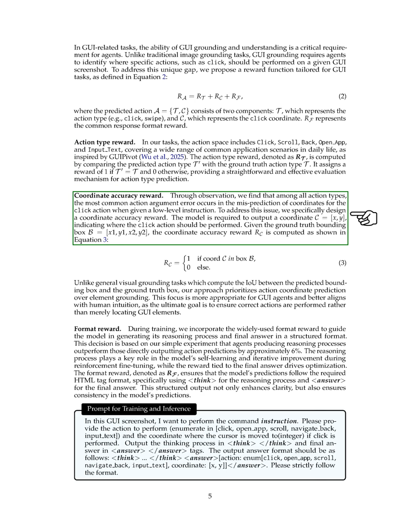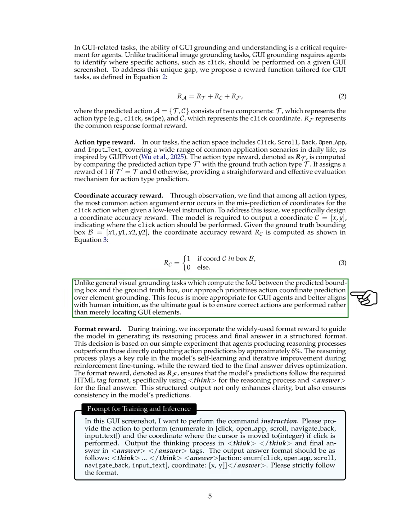We have observed that the most frequent errors occur in predicting coordinates for click actions. To tackle this, we designed a coordinate accuracy reward, where the model outputs coordinates indicating where to click. This reward is calculated based on the predicted coordinates and the actual bounding box. Unlike typical visual grounding tasks, our method emphasizes accurate action coordinate prediction, which is more relevant for GUI agents.